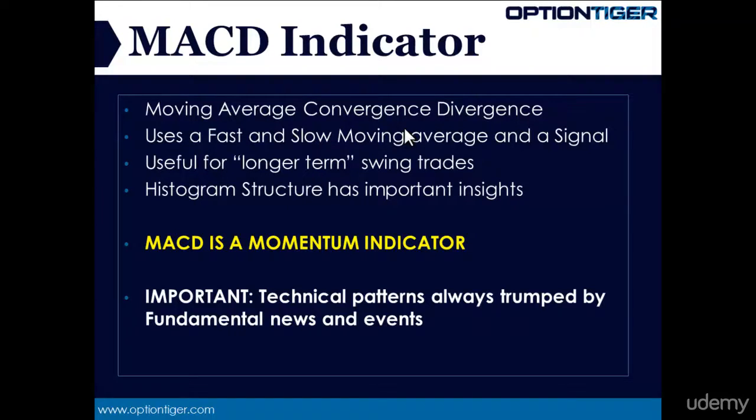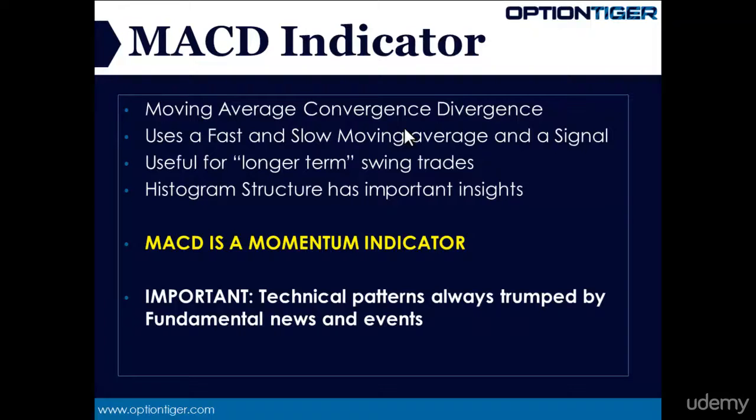We'll take a look at all three. That's too long for a day trading environment. Sometimes you'll find that the MACD indicator is a little slow to develop, and that's the reason why. So it's more useful in longer term swing trades.